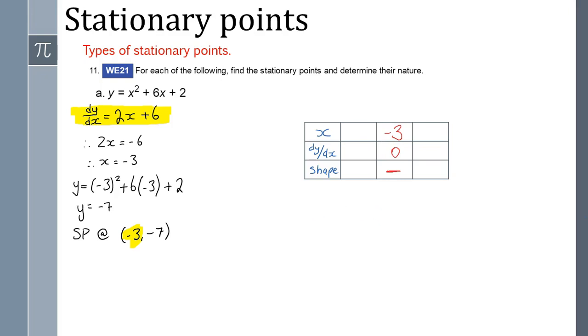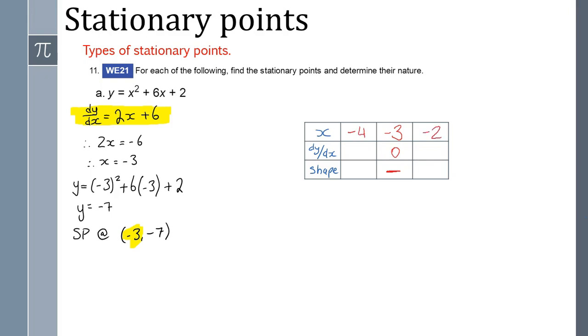Now this table, as I said, is a way that you have to prove what type it is. There'll be questions that specifically ask you to prove or justify, and this is what they're talking about. So what I'm going to do is I'm going to pick a point to the left and a point to the right, and I'm going to have a look at the slope on both those sides. You can just go one more, so you could go -4 and -2. You can go a couple more, it doesn't really matter. Don't stray too far from the point, but which point you choose is not really important. So I'm going to just go -4 and -2.